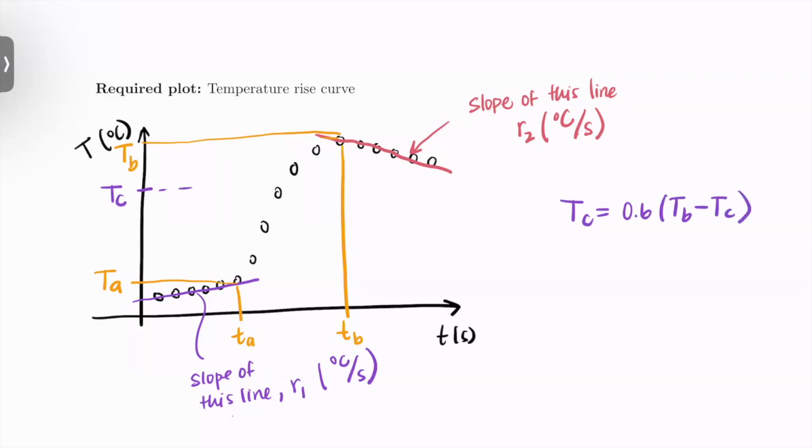All right, so we identify where that is, and then we find TC. Note that you might need to use interpolation to find the time for point C.